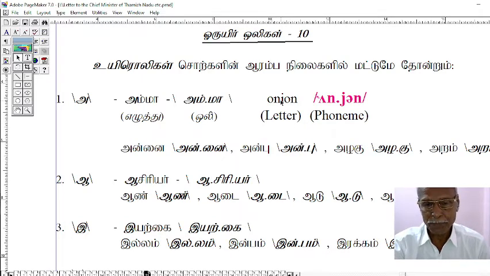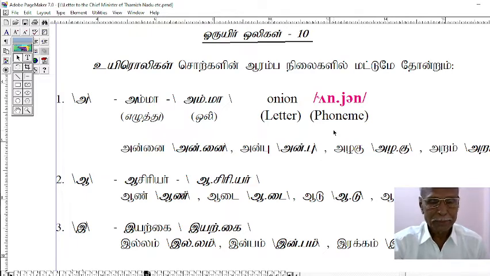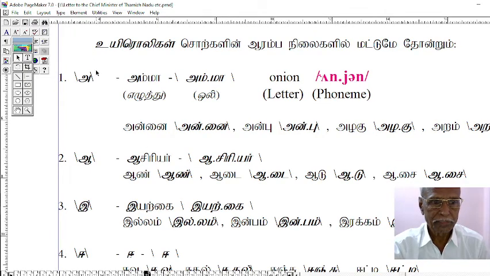But in English, the symbol of letters and the symbol of phonemes are different. I have already explained this in the previous classes. It is simply to remind you of it. Example: Amma, Annai, Anbu, alavu, aram.